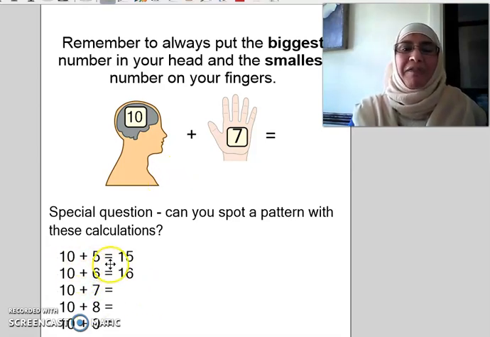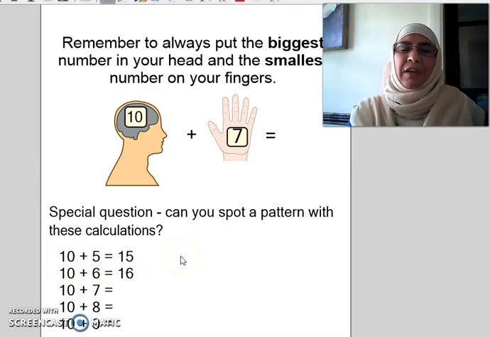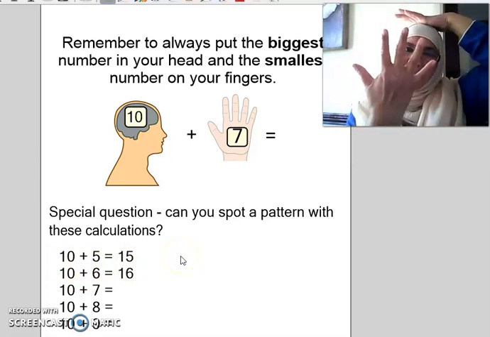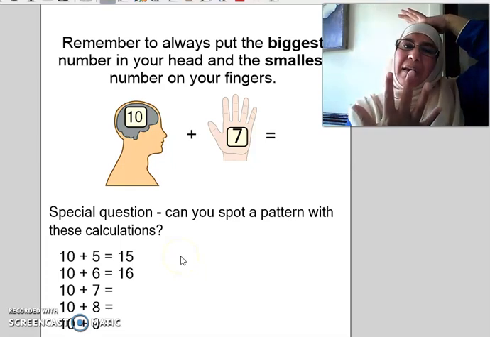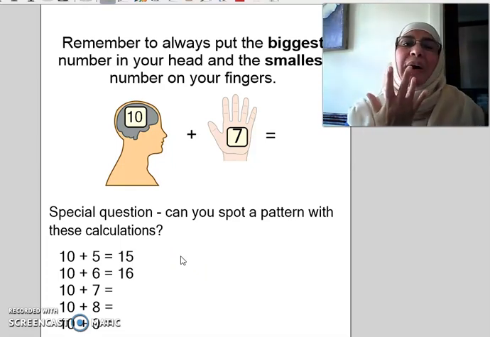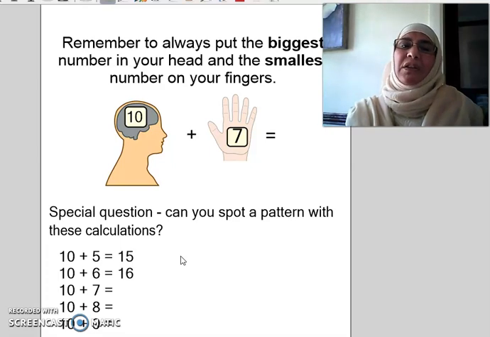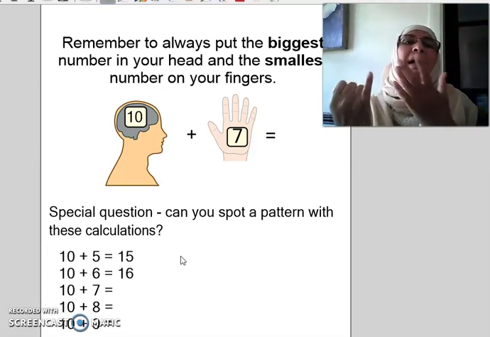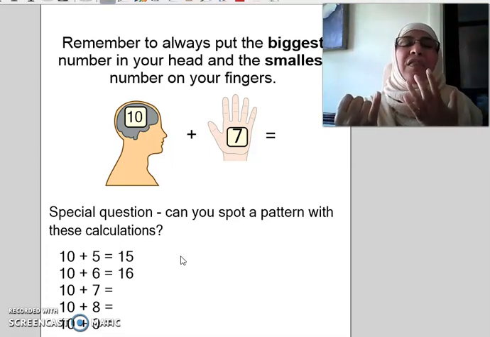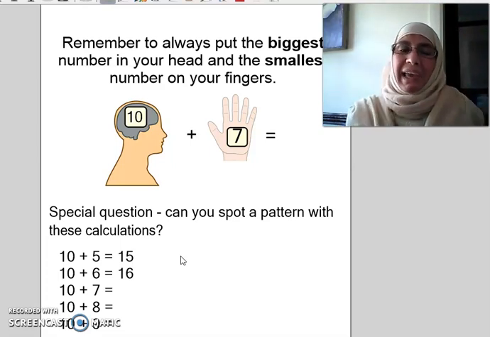10 add 5 equals 15. So 10 add 5 is 10, 11, 12, 13, 14, 15. 10 add 6 equals 10, 11, 12, 13, 14, 15, 16. 10 add 6 equals 16.